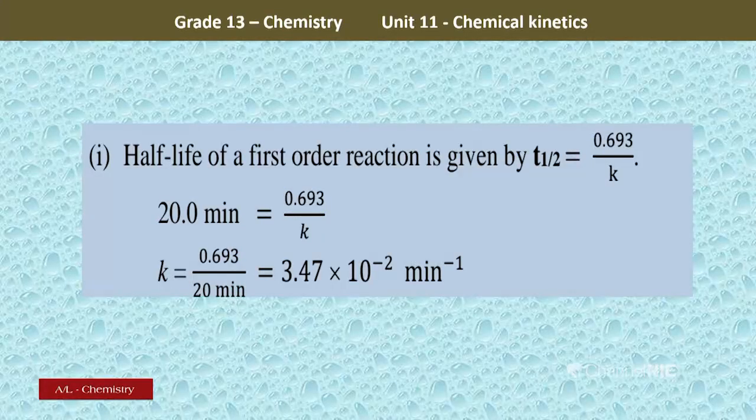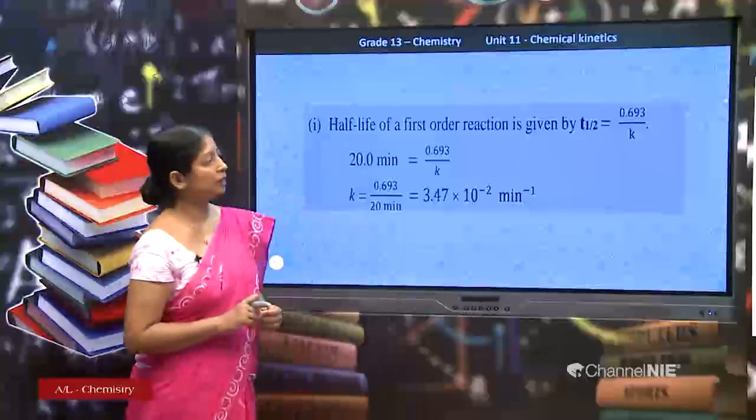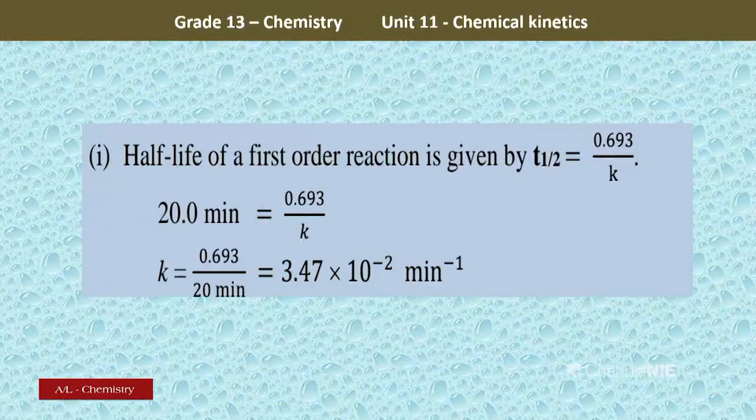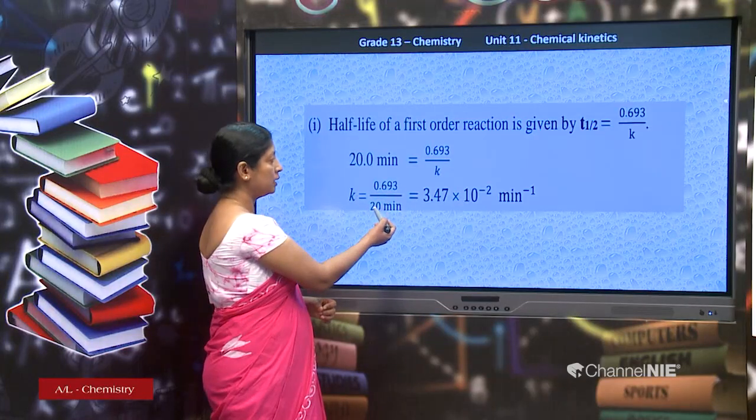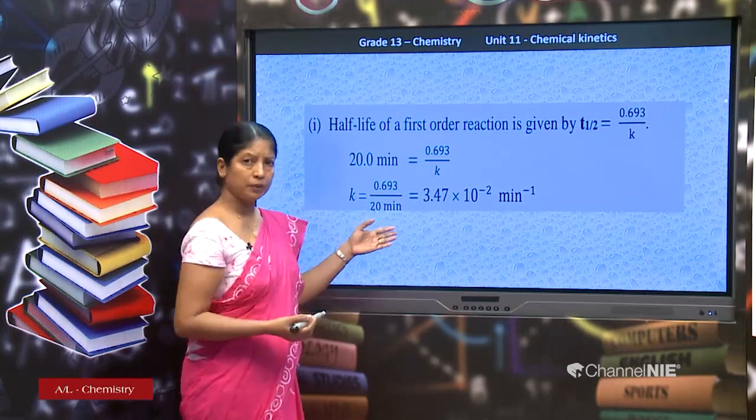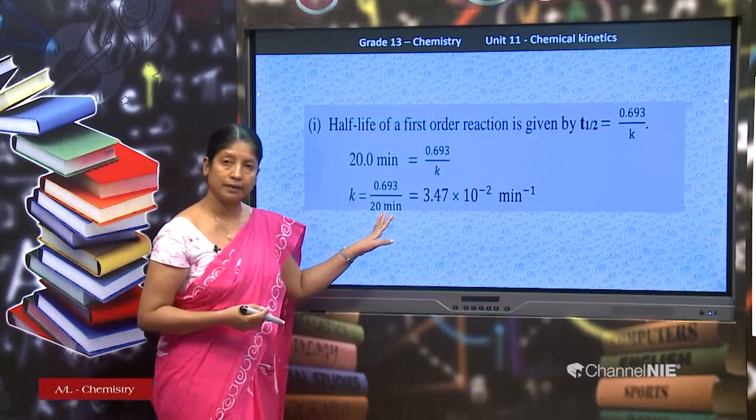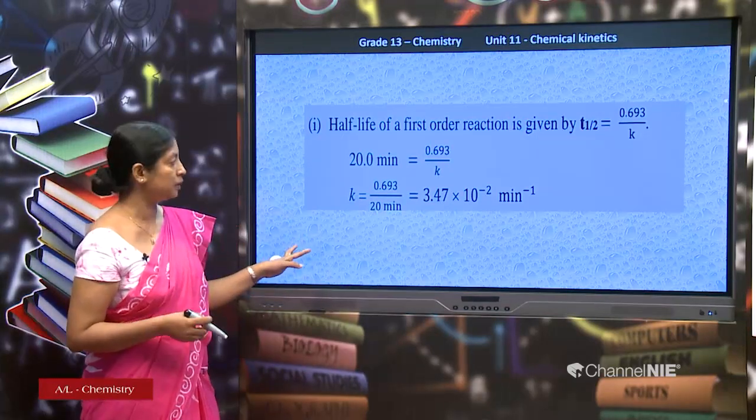In this first order reaction, can you all remember we already derived this expression: half-life equals 0.693 over K. It is better if you can remember this equation, otherwise you have to spend more time to get the answer. K is our rate constant, and it can be calculated simply by applying the given value, 0.693 over the half-life. You can substitute the half-life in minutes as it is, or convert it into seconds.